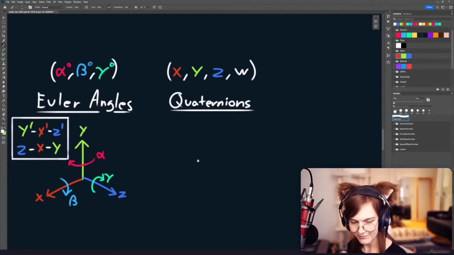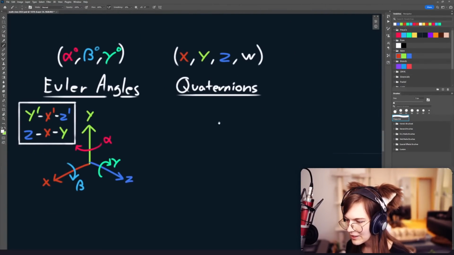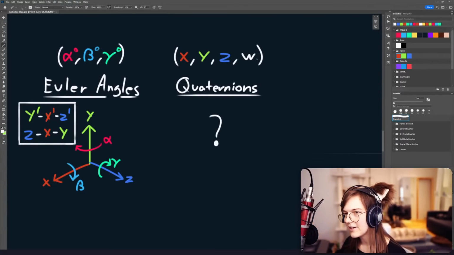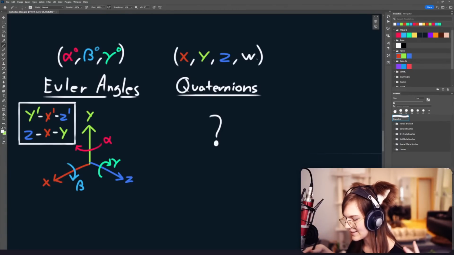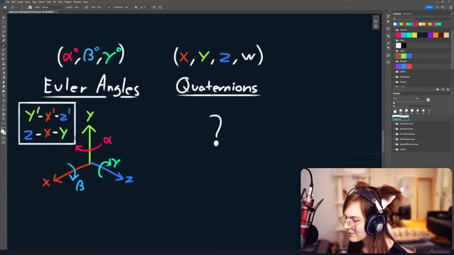All right, quaternions. The biggest problem with quaternions is that they are very hard to visualize. They either have to be interpreted in 4-dimensional space, or you have to interpret them using geometric algebra, which introduces a ton of additional concepts that are really hard to wrap your head around and that I definitely don't have time to talk about.